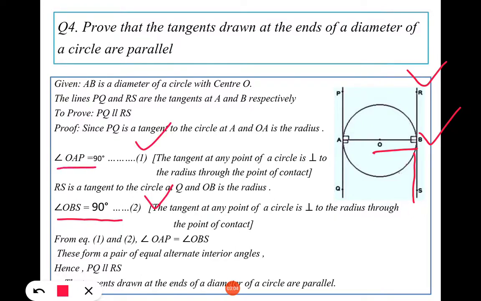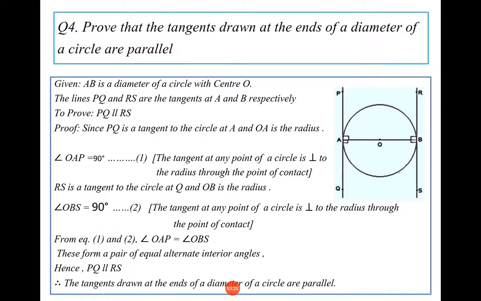Now from 1 and 2 we have angle OAP is equal to 90 degree and angle OBS is equal to 90 degree. So angle OAP is equal to angle OBS. Now these two angles form a pair of equal alternate interior angles.